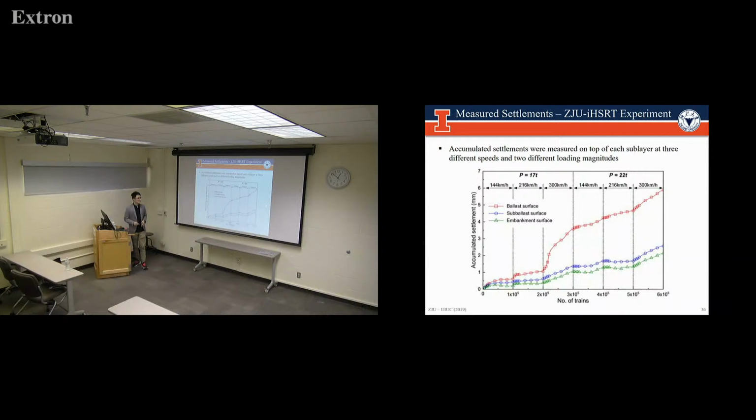And you may notice that at the speed of 300 km per hour, there is a significant increase in the accumulated settlement, regardless of the loadings. This is a large jump here, and pretty much a large jump as well for the 22-ton loading. This is because of the speed effect the ballast layer experiences at a higher speed.